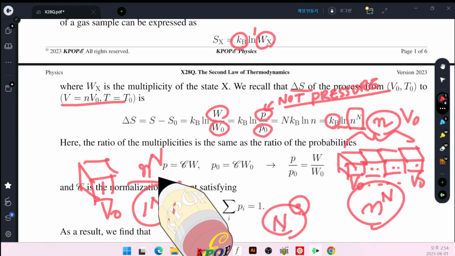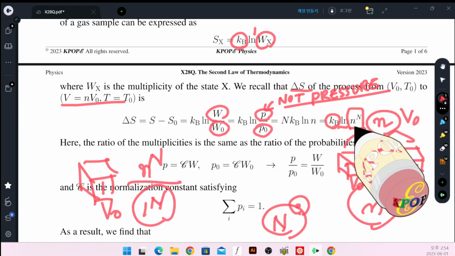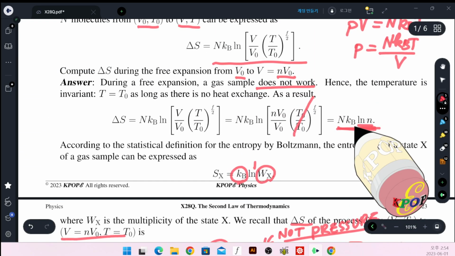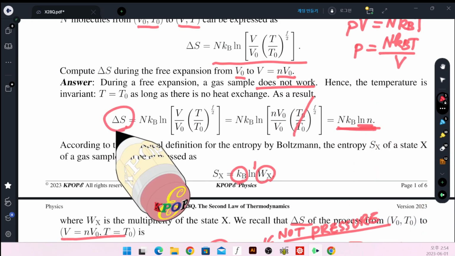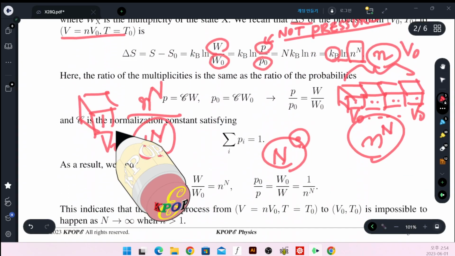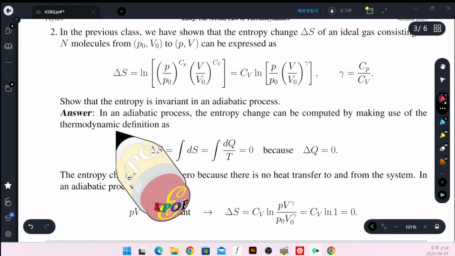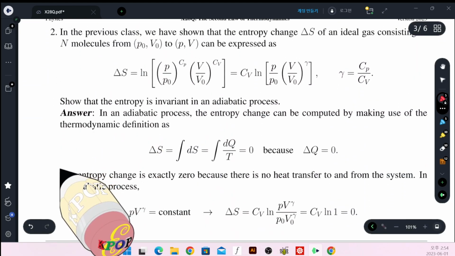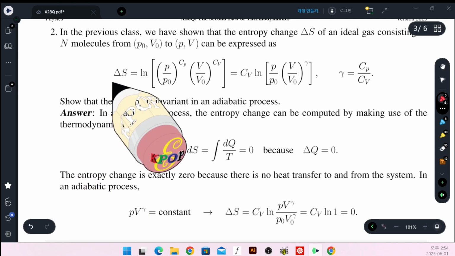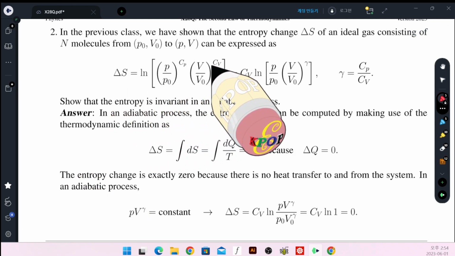It is small n to the capital N. This is the result. So we think this entropy change computation with the thermodynamic variables and the statistical approach by Boltzmann are equivalent.